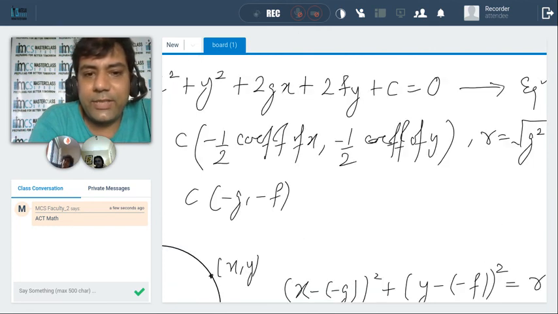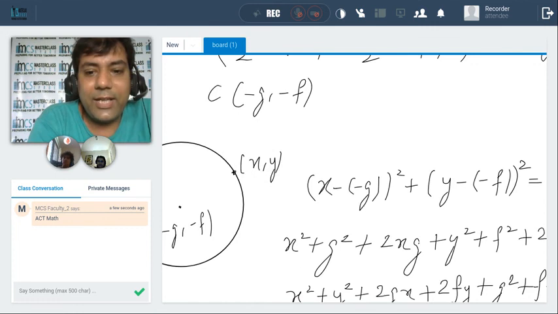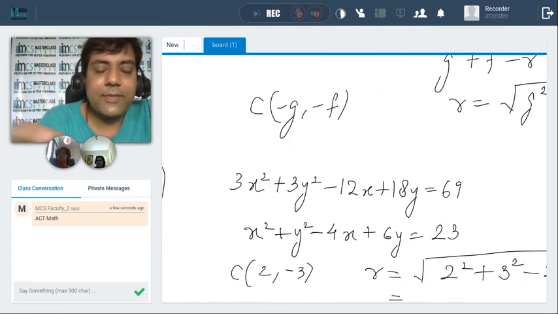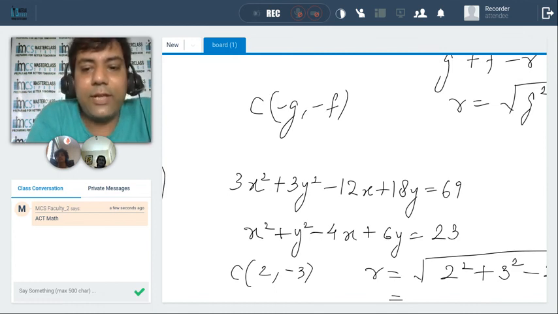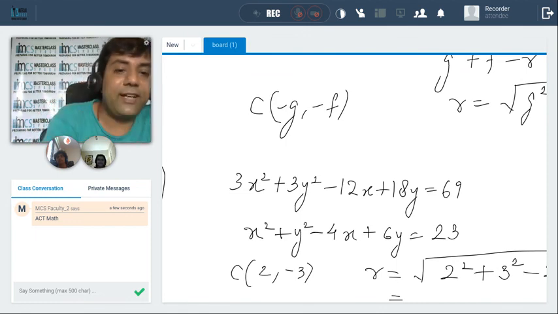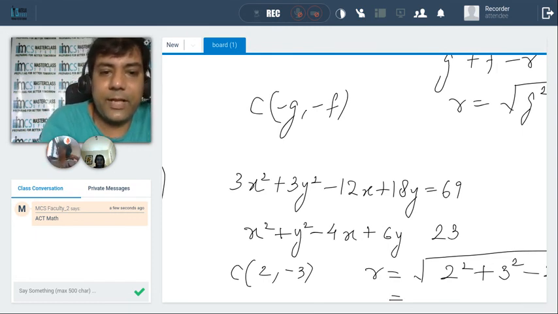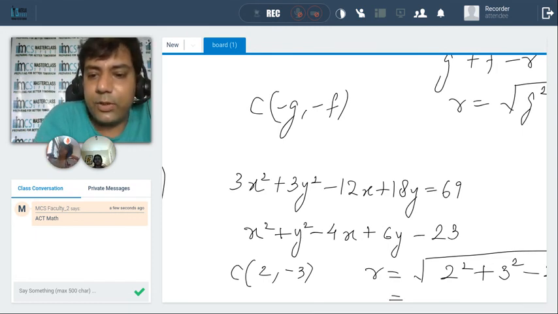You see our equation x square plus y square plus 2gx plus 2fy plus c. So I have to take this 69 on the left hand side, not on the right hand side. That plus c is on the left hand side. So now it will become minus 23 equal to 0.